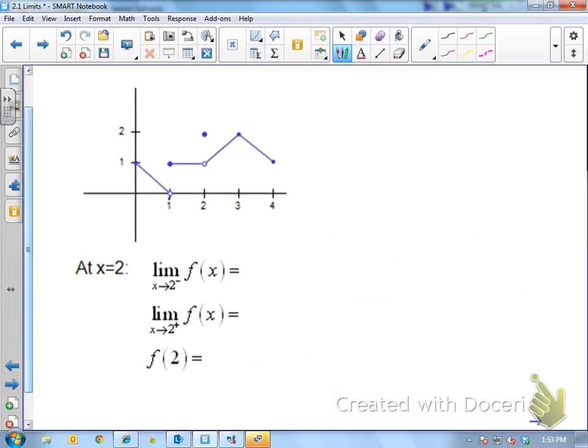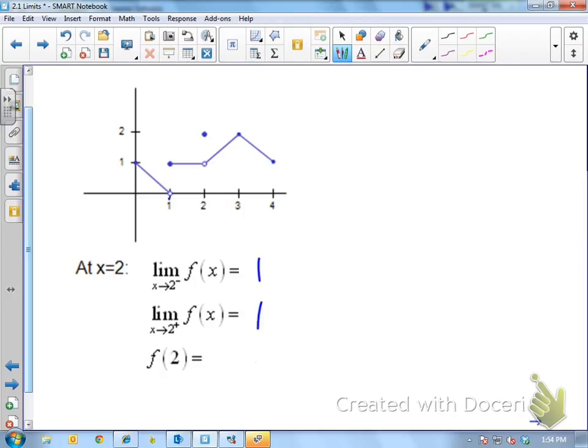So same graph, you don't have to draw it again, I just wanted it to still show up on each page. Now let's look at what's happening as we approach 2. So from the left, what y value am I approaching? 1. From the right, what y value am I approaching? 1.